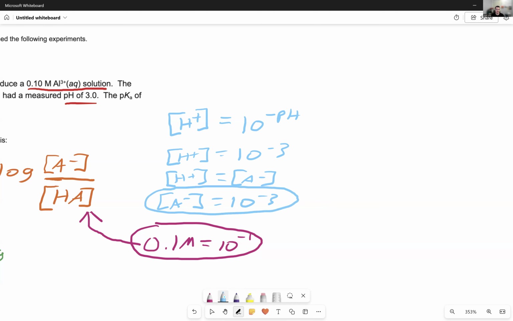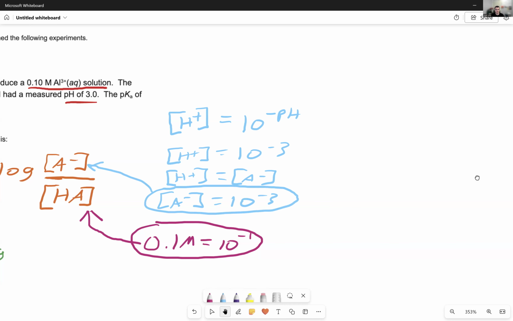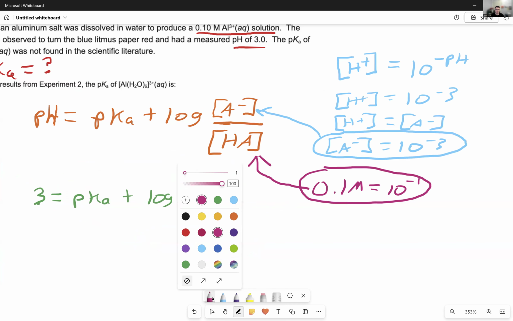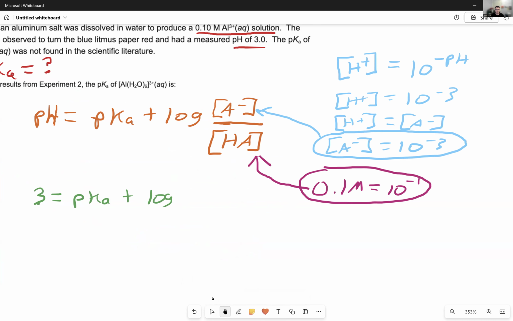Boom. All right, so then let's plug that one in there. So going back to our green equation, that's where we're filling everything in as we go. It's our main equation. We have 3 equals pKa plus the log of 10 to the negative 3 over 10 to the negative 1.